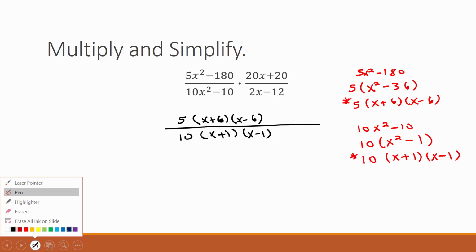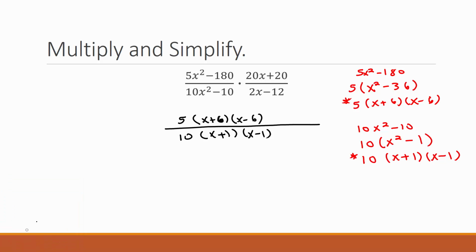All right. Now let's go to the other side and let's factor the 20x plus 20 and the 2x minus 12. All right, so 20 times x plus 20. We have a GCF of 20. So we end up with 20 times x plus 1.